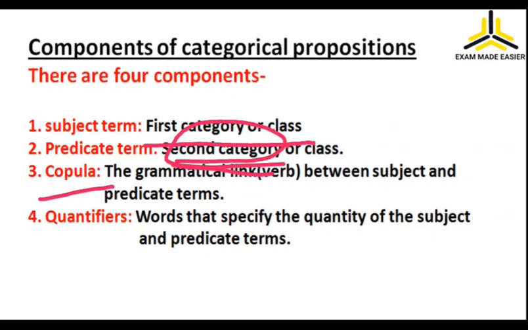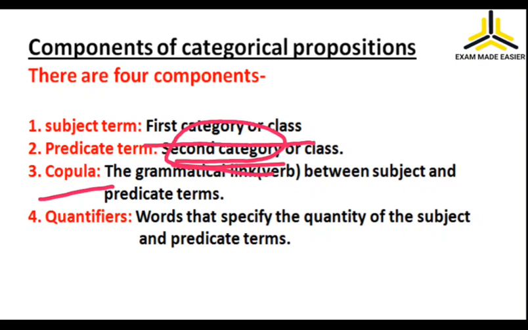Fourth is quantifiers. This is also a very important component of categorical propositions. As you know the word quantity, quantifiers come from this term. Quantifiers specify the quantity of the subject and predicate terms.